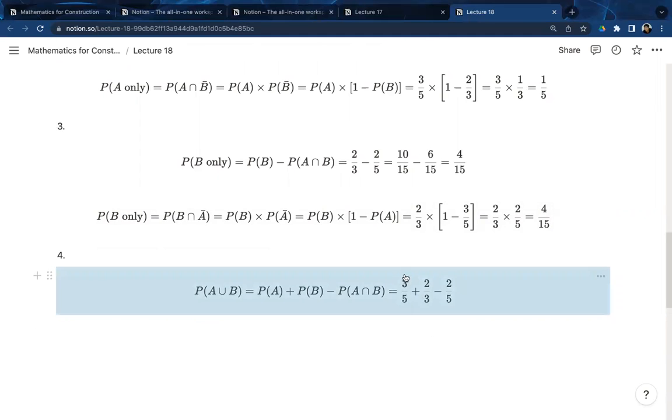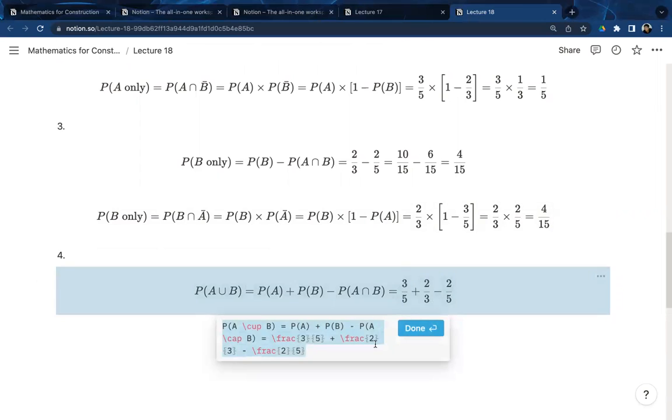Right, so I could say 3/5 minus 2/5 is 1/5. One-fifth plus the 2/3.